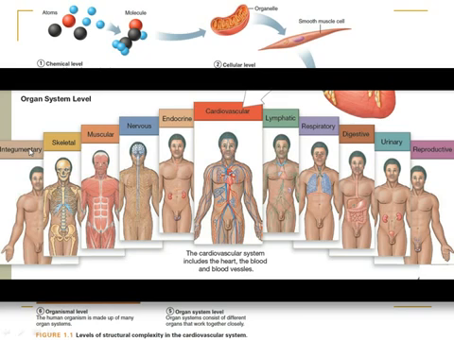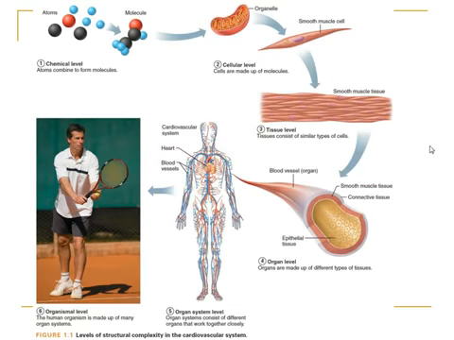Like we have the integumentary system, the skeletal system, the muscular system, the nervous system, the endocrine system, lymphatic system, respiratory system, digestive system, urinary system, and the reproductive system. And all the systems compile together to form a complete human being.